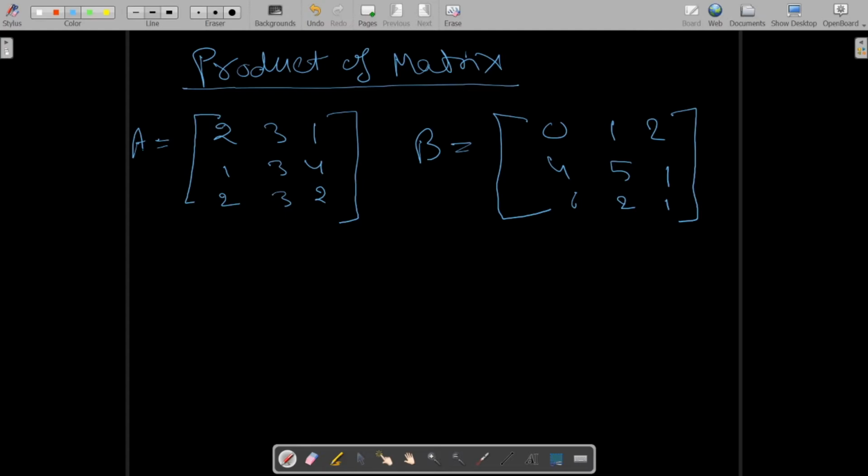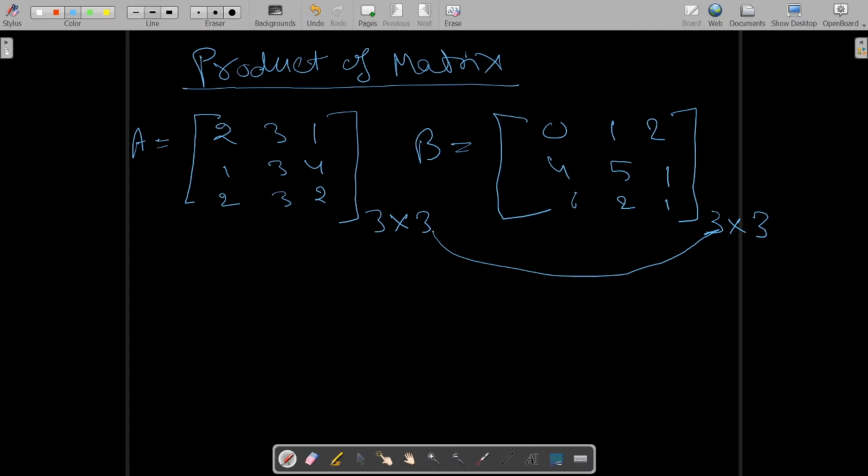What is the size of matrix A? This is 3 cross 3. And what is the size of matrix B? This is also 3 cross 3. So when we have these, the column of the first matrix and the row of the second matrix, if these two values are the same, then only we can do the product of matrices, otherwise we cannot.